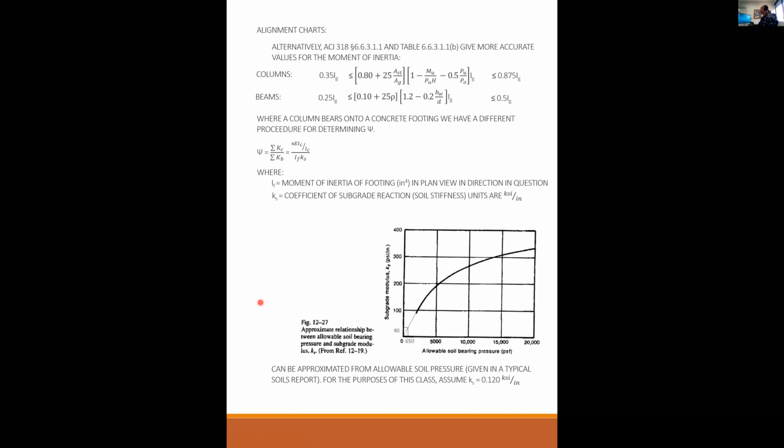For the purposes of this class, you can assume that k sub s is equal to 0.120 ksi per inch, or 120 psi per inch. And the alignment chart itself is figure R6.2.5 on page 65 of the ACI 318 code, as well as figure 11.3 on page 317 of your textbook. It's in both places. So it looks like this.